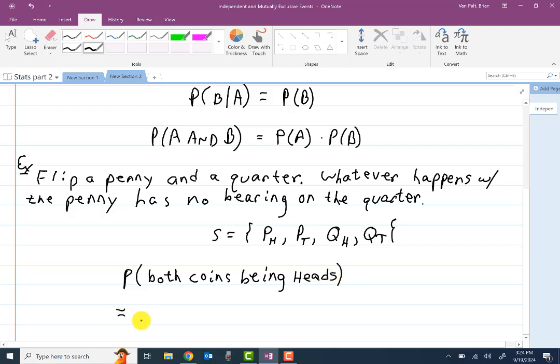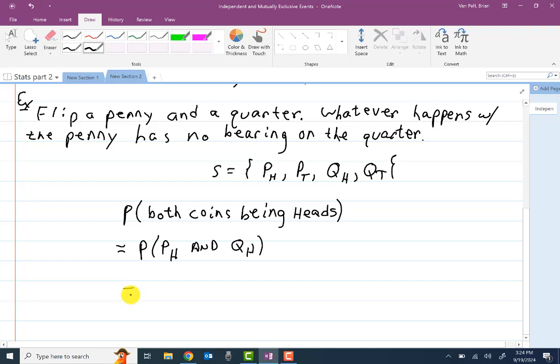So basically what I have here is the probability of PH and the probability of QH. That's what I'm looking for. Now I mentioned they're independent, so I can do this: the probability of PH times the probability of QH.